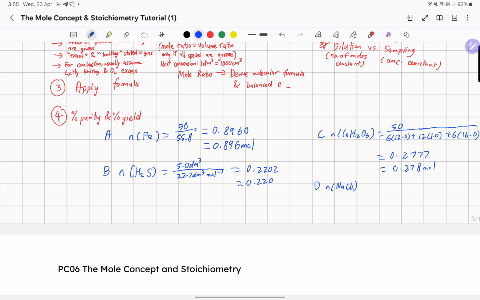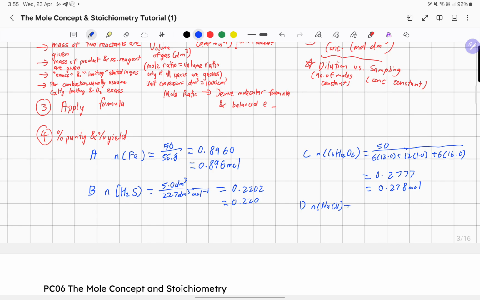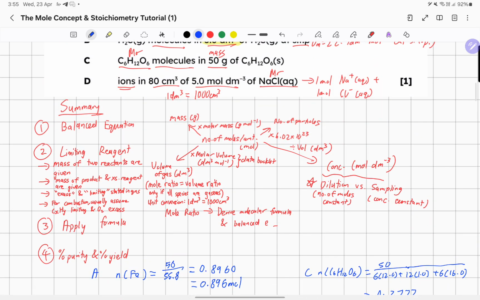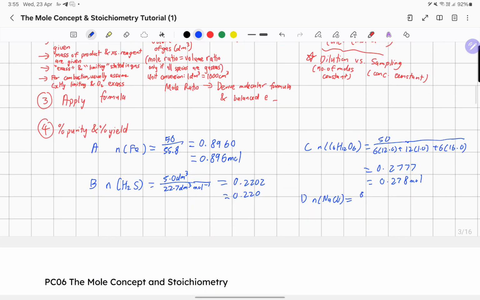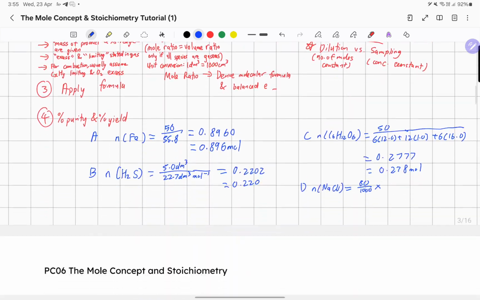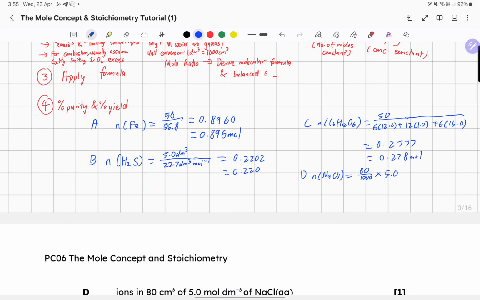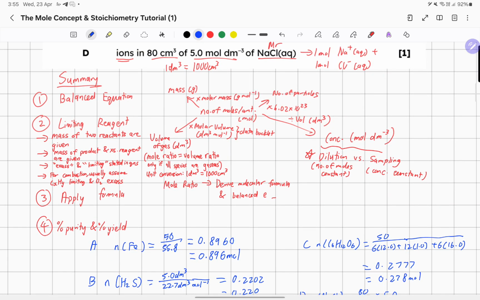Okay, so over here, calculate the number of moles of sodium chloride. It'll be volume times concentration. Okay, so 80 over 1000 times 5.0 mole per dm cube. Because I'm converting cm cube into dm cube, you need to divide it by 1000.